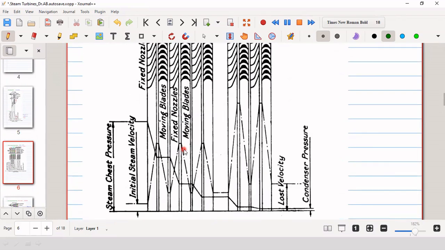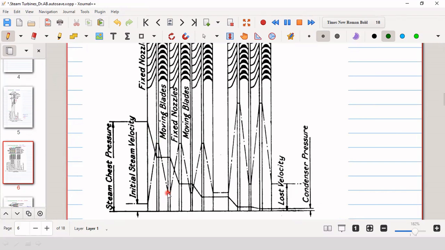So here we see that this is the first stage, and then it is the second stage. The carryover coefficient means the fraction of the kinetic energy corresponding to V2. Say for example, this is V1 here, exit from the nozzle, and this is V2.